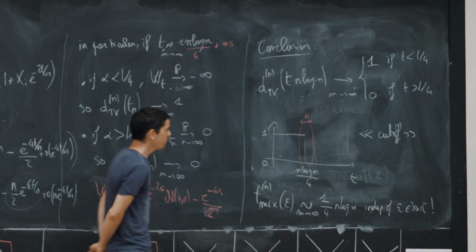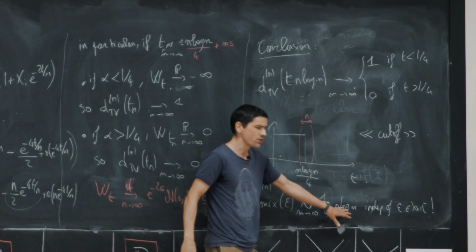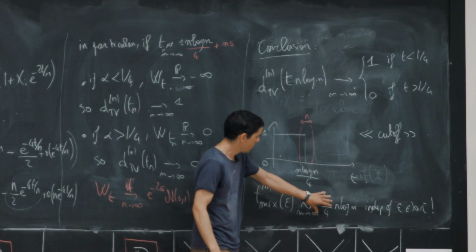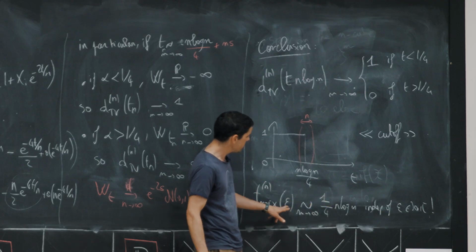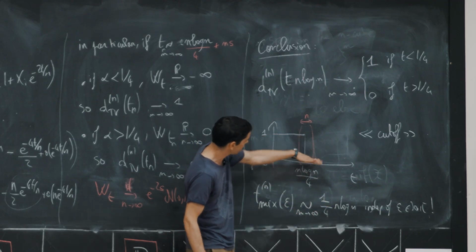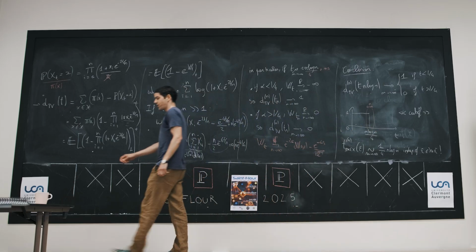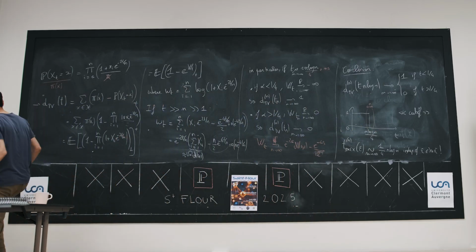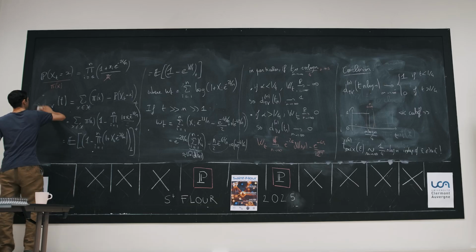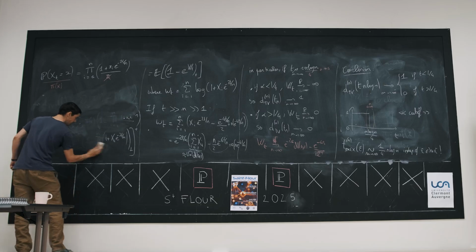Okay, so that's very different from the cycle. In the case of the cycle, you had instead of n log n, it was n squared, and the constant in front was really depending on your precision epsilon. Now this does not depend on epsilon, and it's the same as saying that you see this step function in the limit. Okay, so now I can define this cutoff phenomenon in a more general, more formal way. This was just an example.